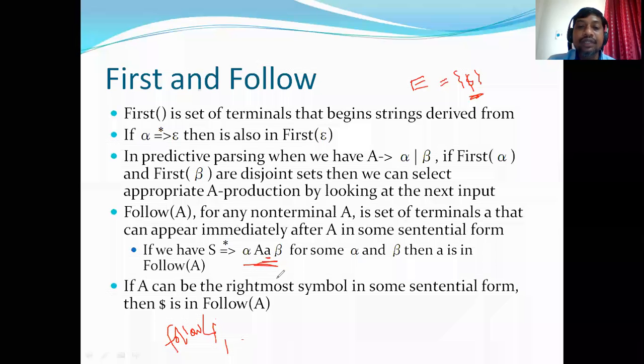If there is a production rule in the form S derives A B C, then if you are trying to find the follow of B, it is nothing but the first of C. But let us assume C derives epsilon.